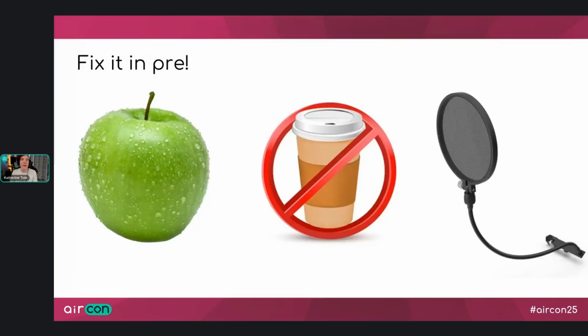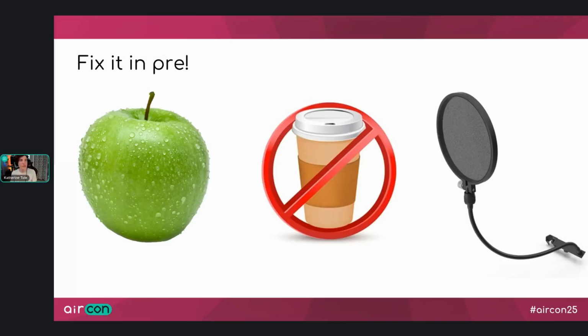Anyway, the first thing I always recommend people do is fix it in pre. Make sure that your actors are well hydrated. They have not had caffeine that morning. They have hopefully got some green apple nearby. It is incredible how well green apples specifically hydrate your mouth and remove mouth clicks. It is pure green magic.